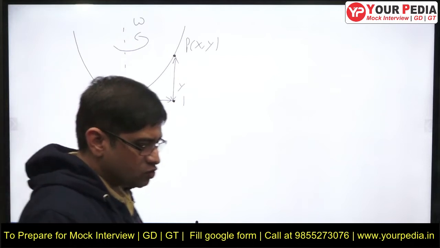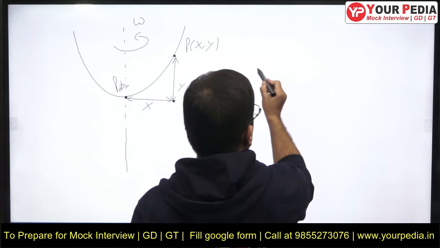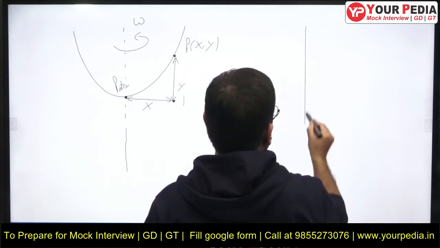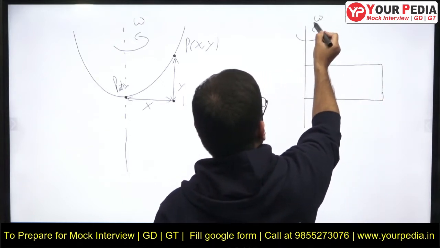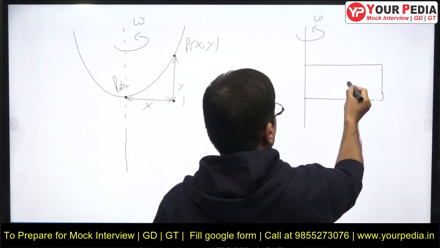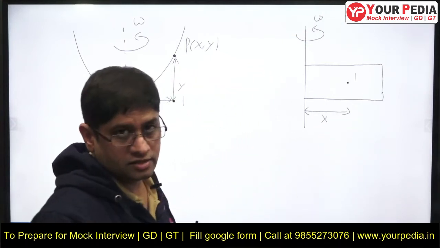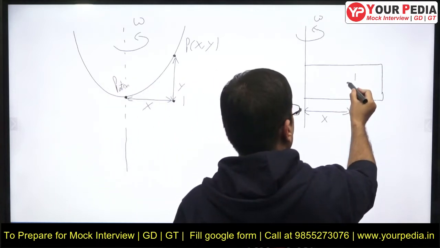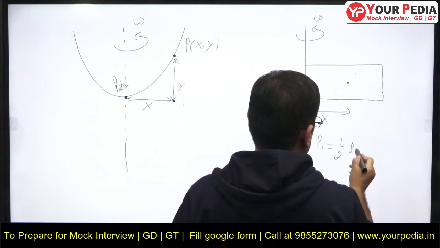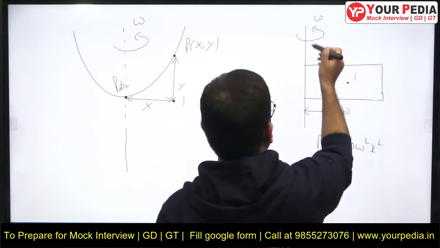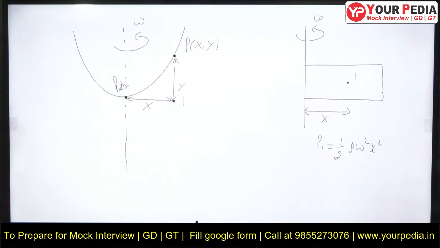You just refer to the previous video on BARC where I have told that if the fluid is rotating in some particular tube at omega, and if there is a point 1 at distance x, what will be the pressure at point P1? It will be half of rho omega square x square, where omega is the angular velocity of rotation, rho is the density of liquid, and x is the distance.